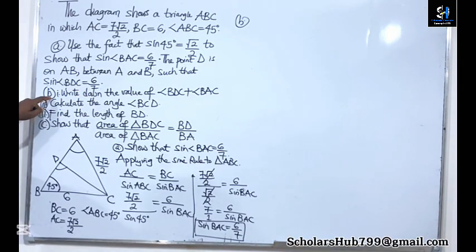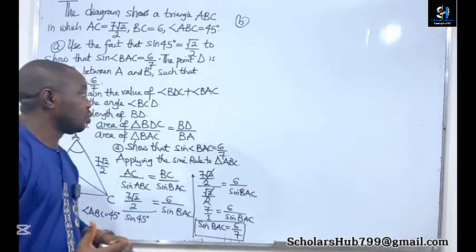So the first question for Roman numeral 2 is for us to write down the value of angle BDC plus angle BAC.